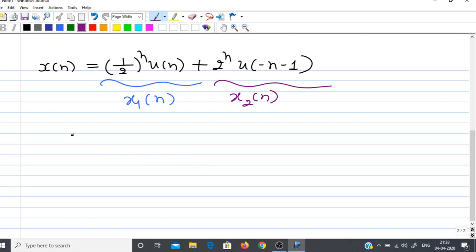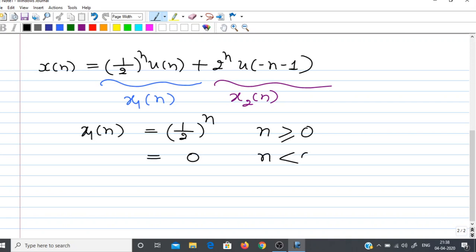Now, if I express x1[n] in piecewise representation, then x1[n] is half to the power n for n greater or equal to 0, and it is 0 for n less than 0.